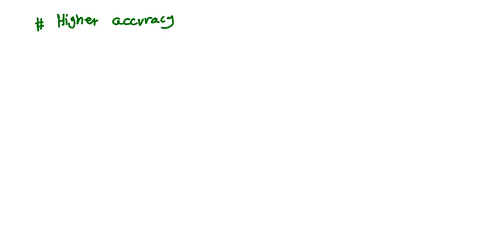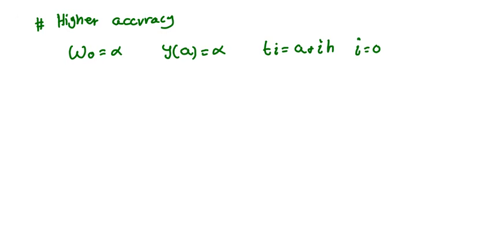So basically, we know that our w naught is just going to be equal to alpha, and this is when you have the initial condition where y of a is equal to alpha. Then what else do we have to know? Usually the value of h we are given, and of course our ti is equal to a plus ih, where our i of course starts from 0 and keeps on going like that.